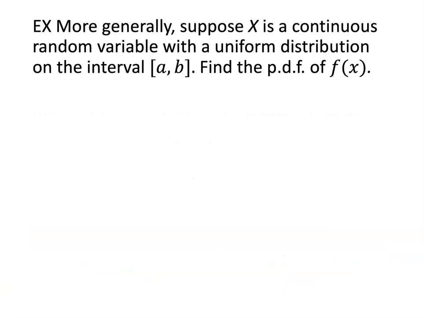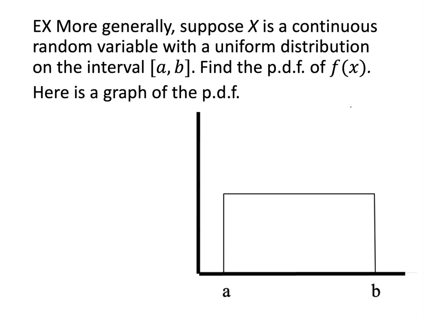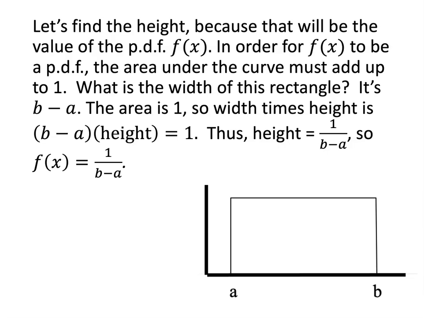More generally, suppose x is a continuous random variable with a uniform distribution on the interval from a to b. Find the PDF f of x. Same story. Here's the graph of the PDF. It goes from a to b. Let's find the height, because that will be the value of the PDF f of x. In order for f of x to be a PDF, the area under the curve must add up to 1. What's the width of the rectangle?